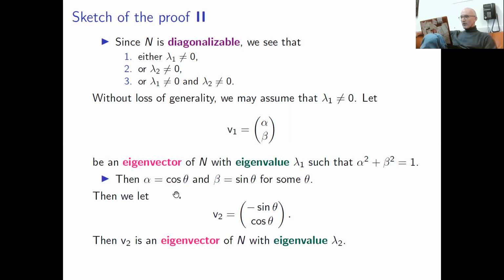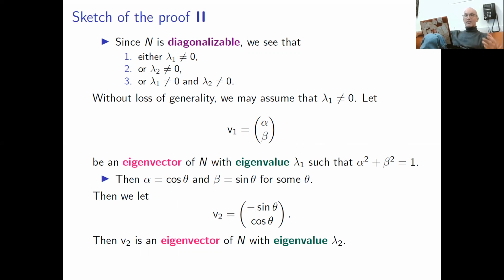So basically, if you denote alpha to be cosine theta and beta to be sine theta, which is possible because of this equality, then the second eigenvector of our matrix is just minus sine theta, cosine theta.